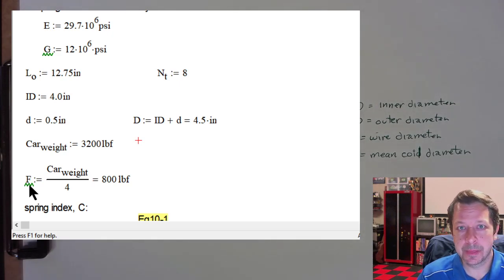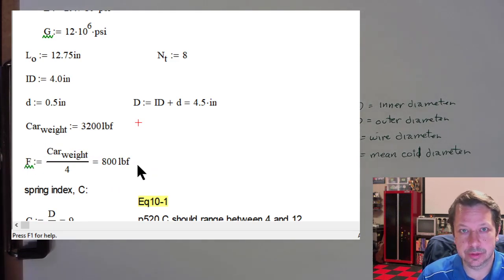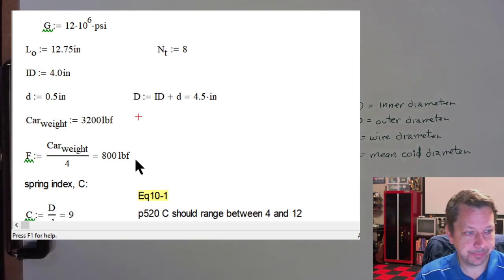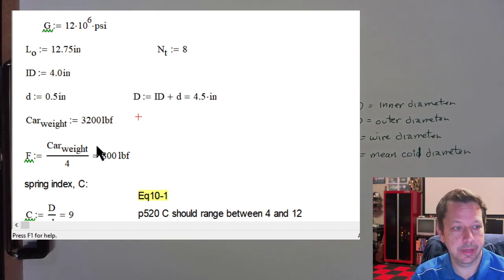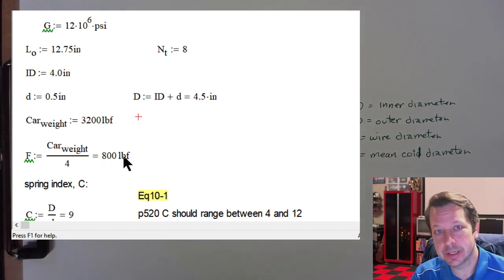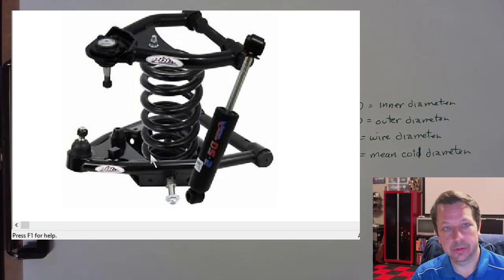Now a car does not have independent suspension on all 4 corners normally, but we could still make this assumption that more or less each corner is going to hold up 1/4 of the weight of the car. Not exactly in all cases, but close enough for what we're going to do. So we got 800 pounds acting on our coil here.